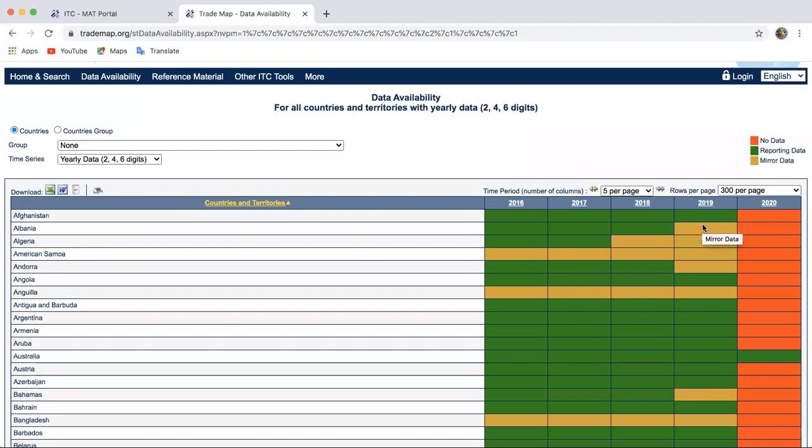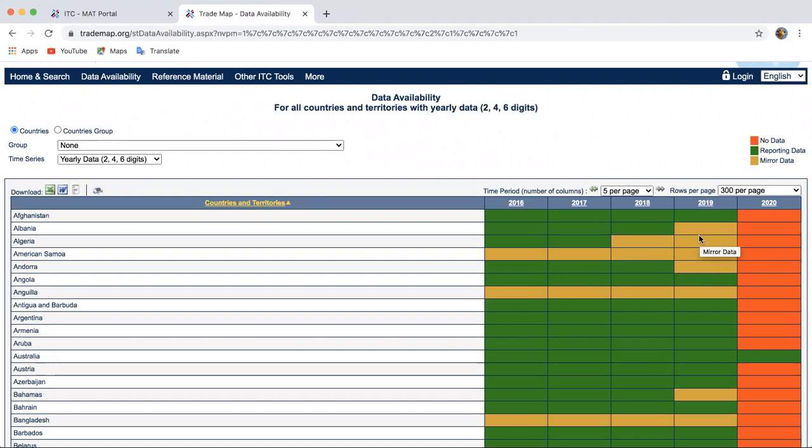there's some yellow areas, which is not that data is not available, but this is mirror data because Albania, for example, might not have reported its 2019 data, but we have been able to reconstruct its data by taking Albania's partner countries and using that data as mirror statistics.